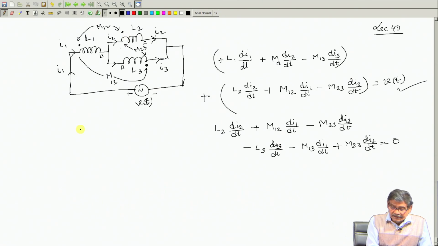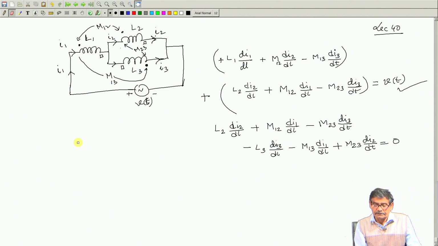Now, what I am telling, if somebody says that this is dot, current is entering like this, you devise your own method, and if any problem, then go to the basics, but you have your own ways of correctly writing that. You can always imagine that current is entering through dot.